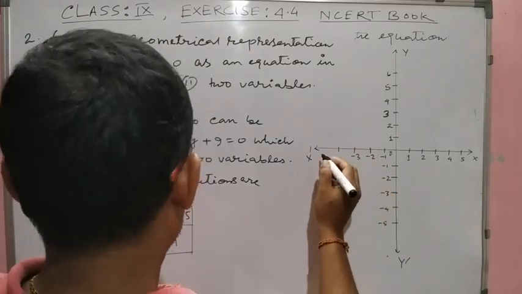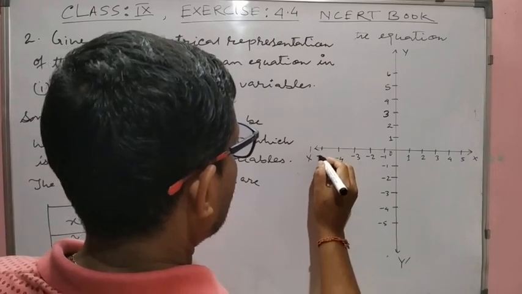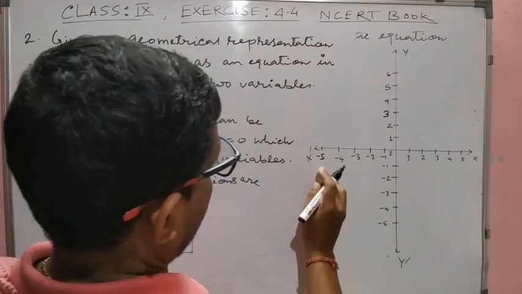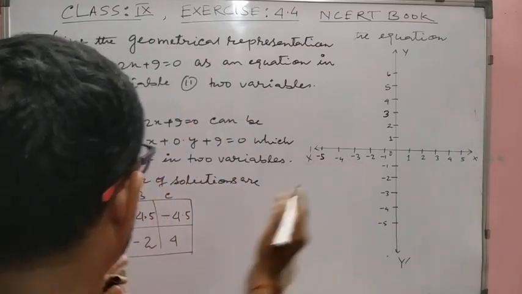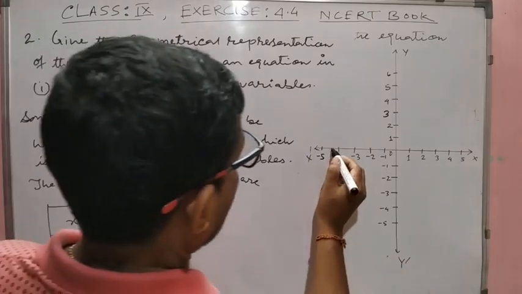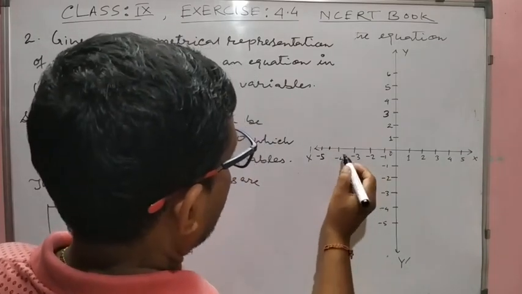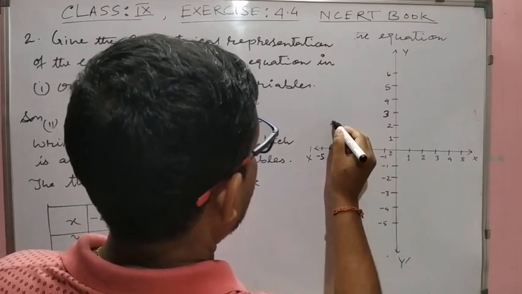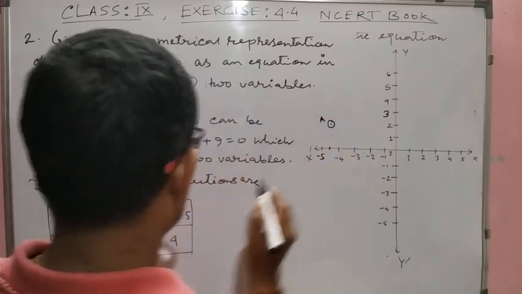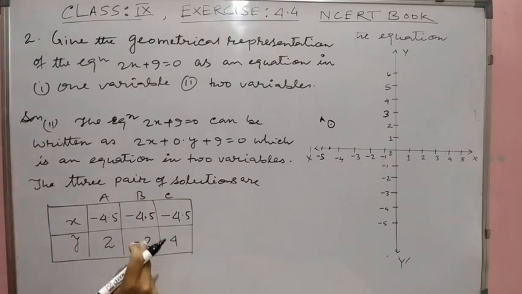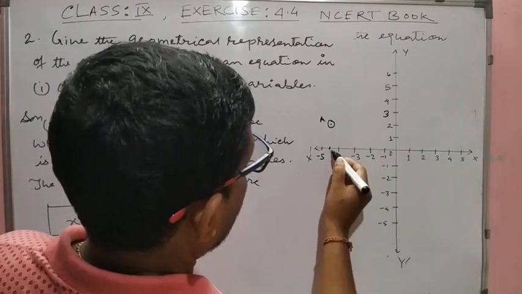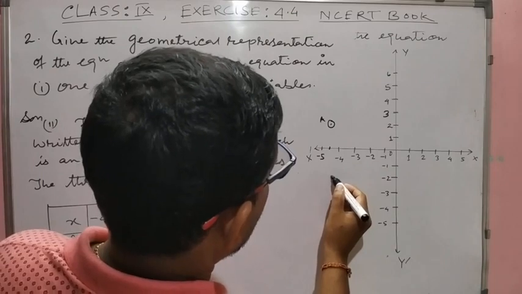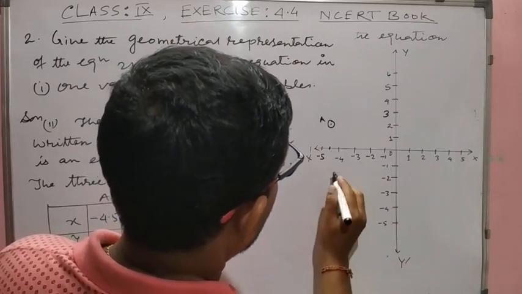So this is minus 5, and minus 4.5 comma 2 will be here. Minus 4.5 comma minus 2, definitely it will be here.